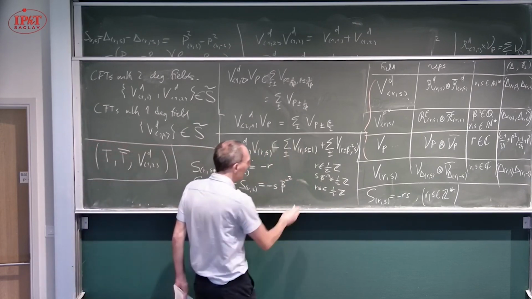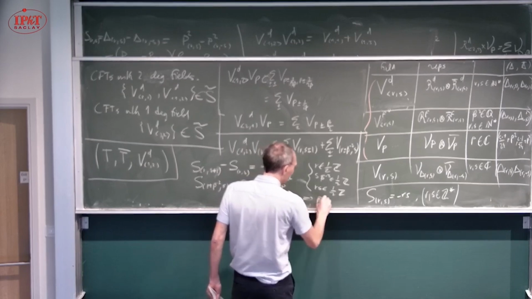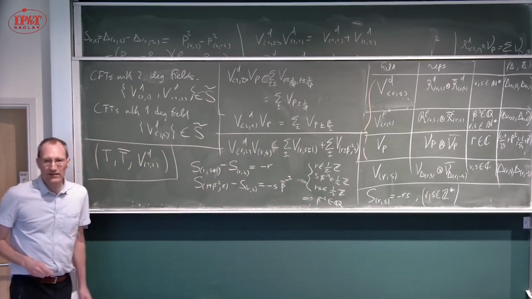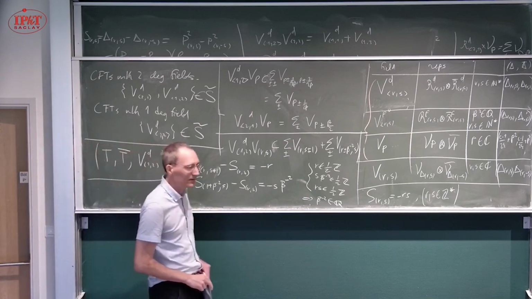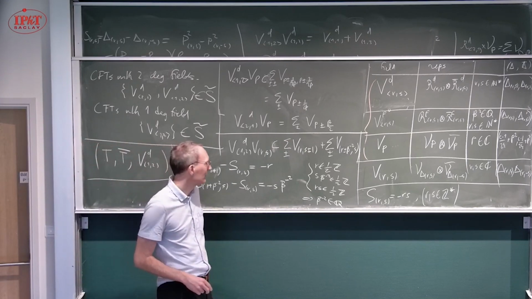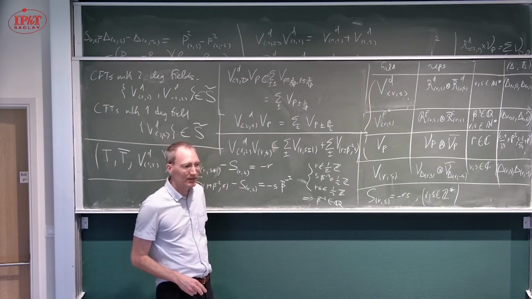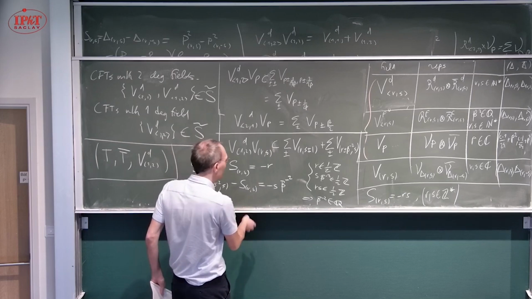Well, if you combine these three conditions, you'll find that beta minus 2 has to be rational.